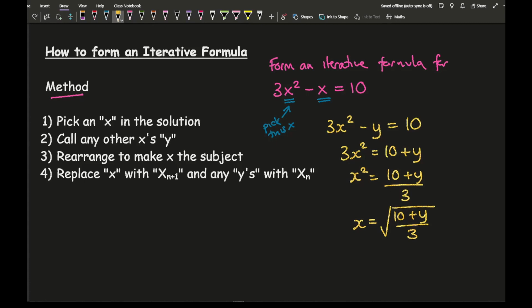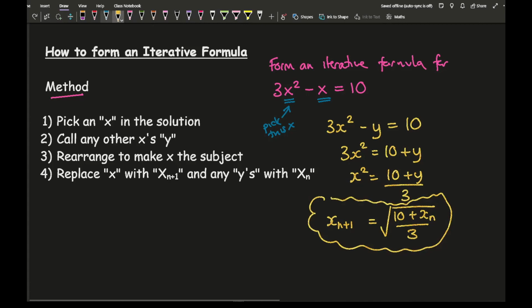Now once you've done that, on step 4, I'm going to replace the x with xn plus 1, and I'm going to replace the y with xn, like so, and there is my iterative formula.